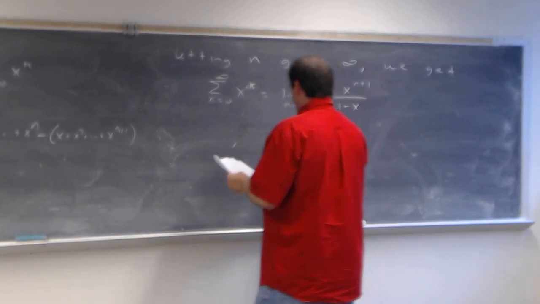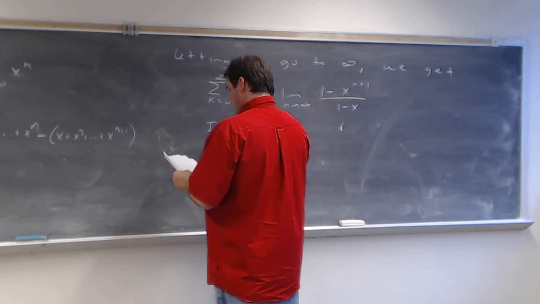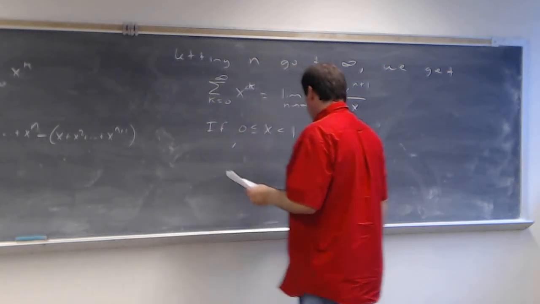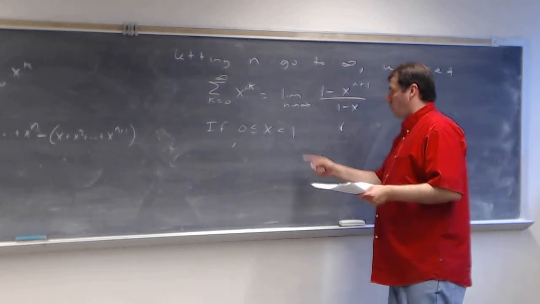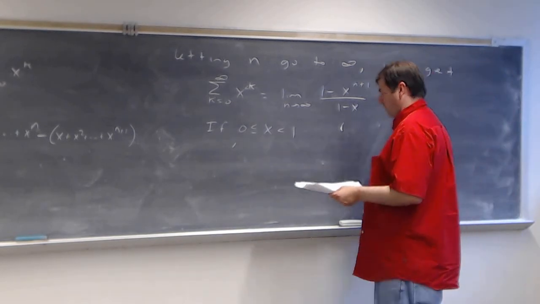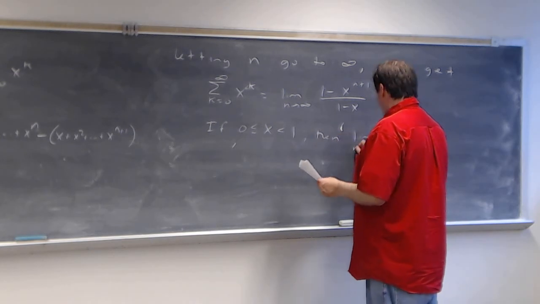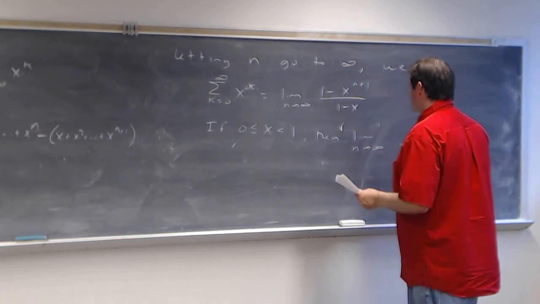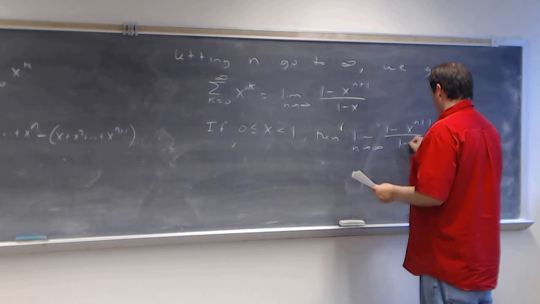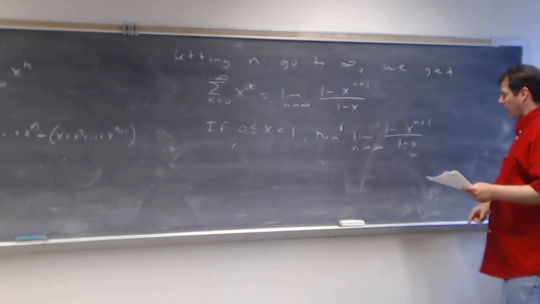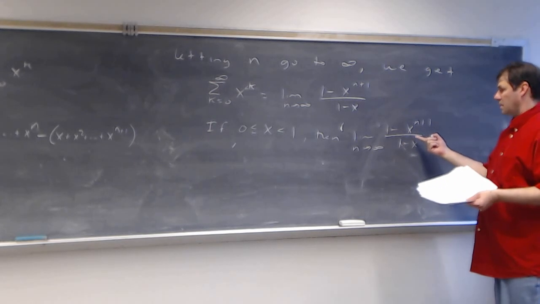So here, if we think of some kind of subcases, if 0 is less than or equal to x is less than 1, so we said x wasn't 1, then this limit as n goes to infinity of 1 minus x to the n plus 1 over 1 minus x, the x's are fractions really close, or in between 0 and 1.